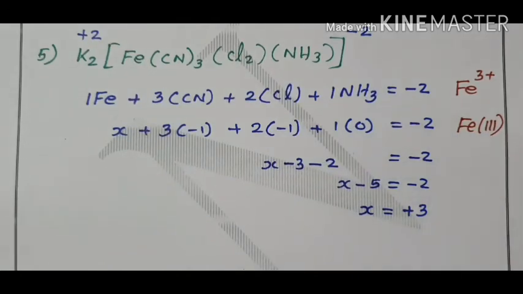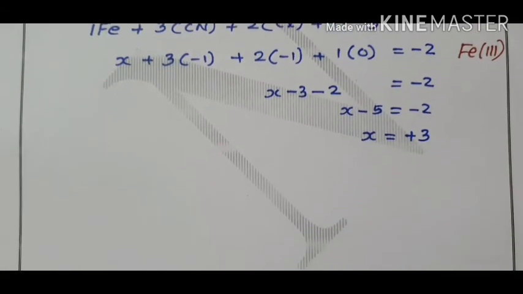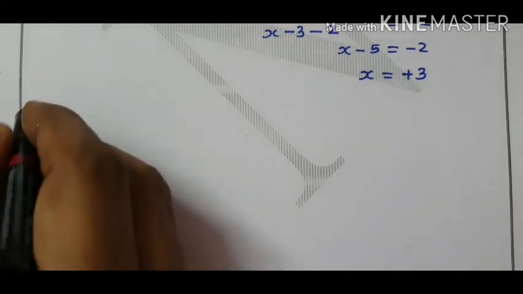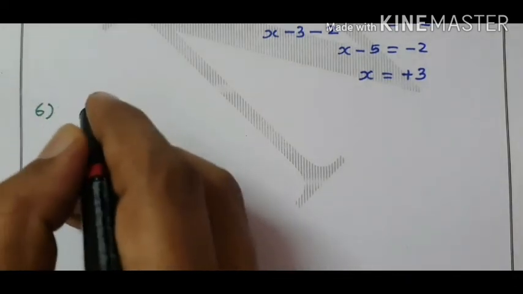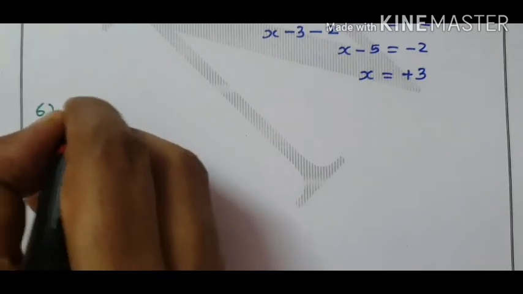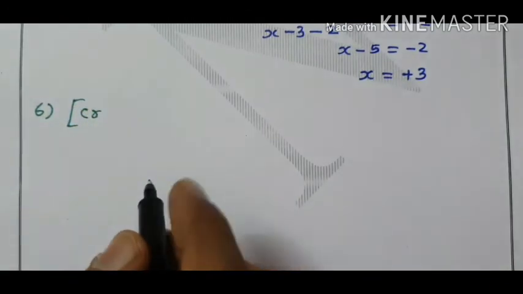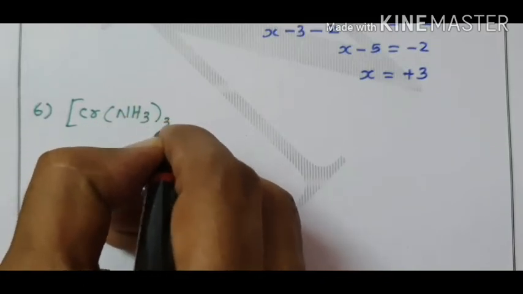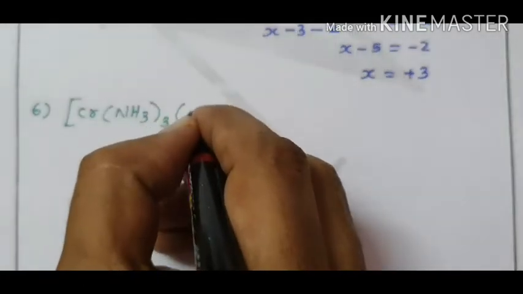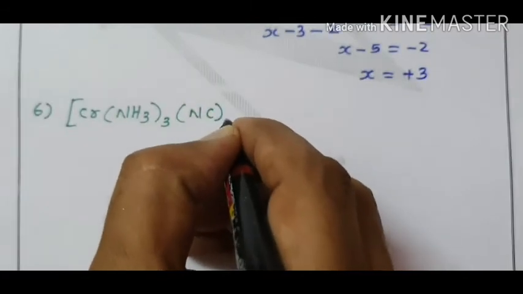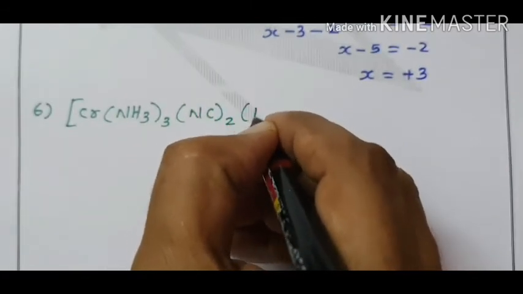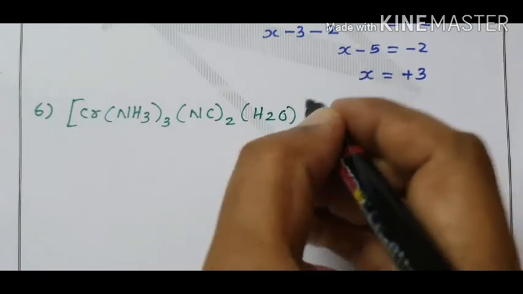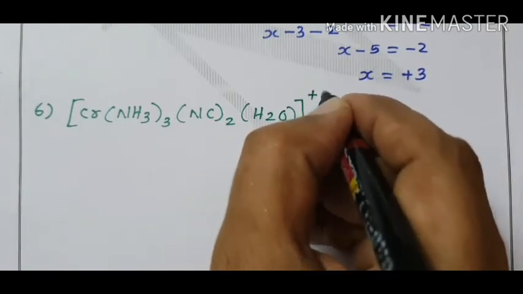Now, come to the next compound, a very simple compound. The given compound is the sixth compound. The given compound is [Cr(NH3)3(NC)2(H2O)]+.